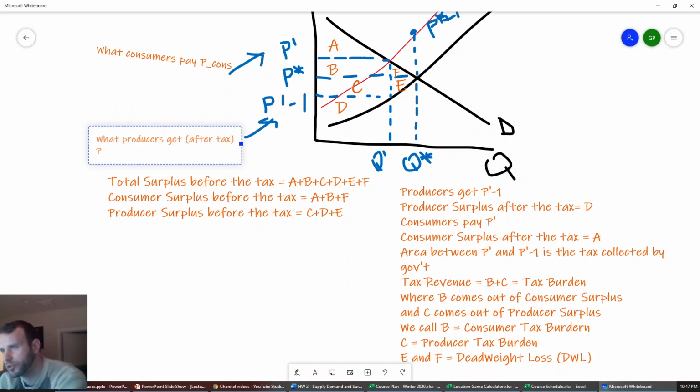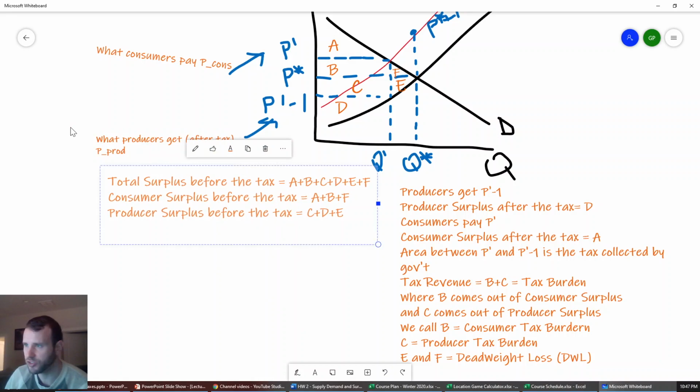And I usually refer to this as P prod for producers, because even though they're charging P prime, producers are only getting back P prime minus the amount of the tax. So I call it P prod. Essentially, it's almost like there are two prices, even though there's only one, this price P prime here.